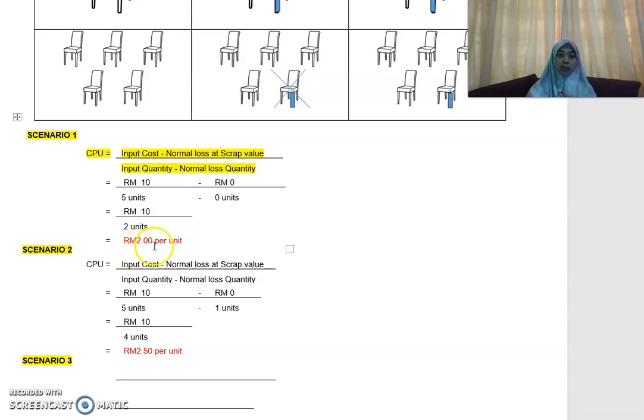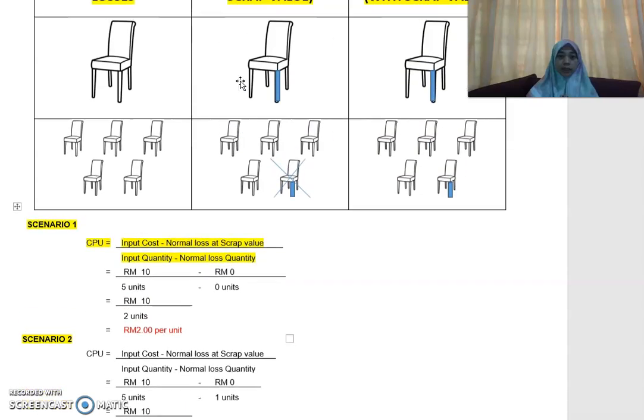Instead of the cost being 2 ringgit, because you incur a loss, that loss is borne by the good units, and the cost becomes 2 ringgit 50 cent each.